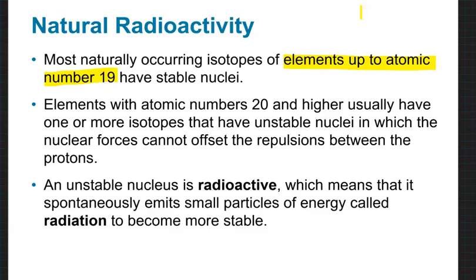Now, for elements that are, well, it is true, but I can give you examples of radioactive carbon, radioactive nitrogen, radioactive oxygen, radioactive phosphorus, radioactive hydrogen. So the point is, there are isotopes that have unstable nuclei, and due to the repulsion between the protons, these nuclei discombobulate, so to say, producing various types of radioactive emission.